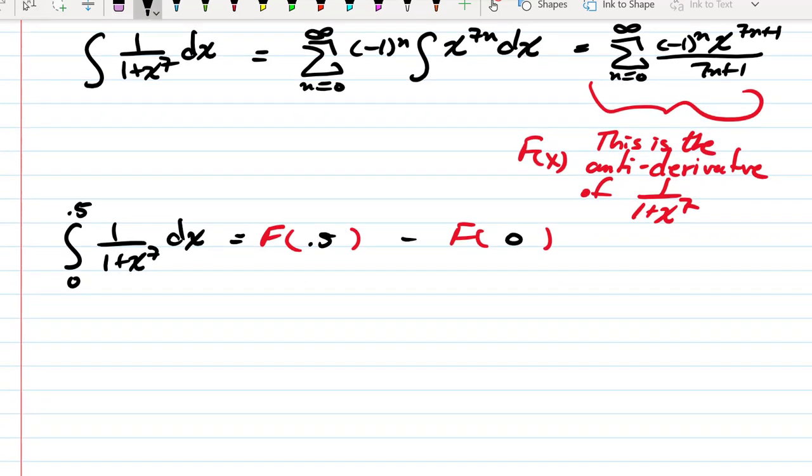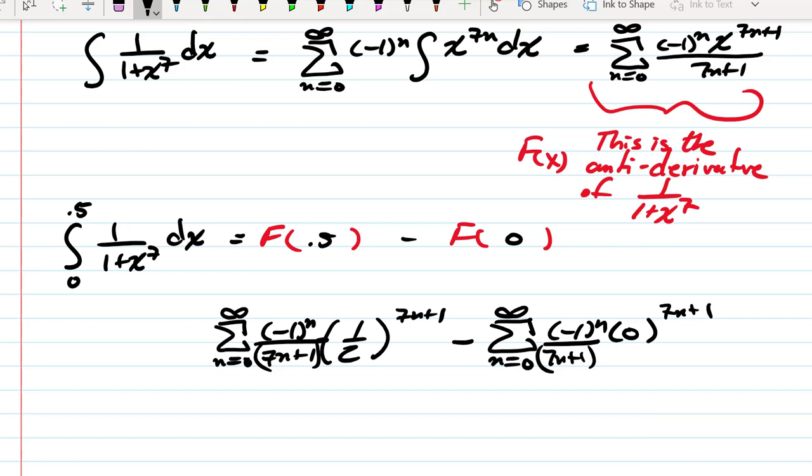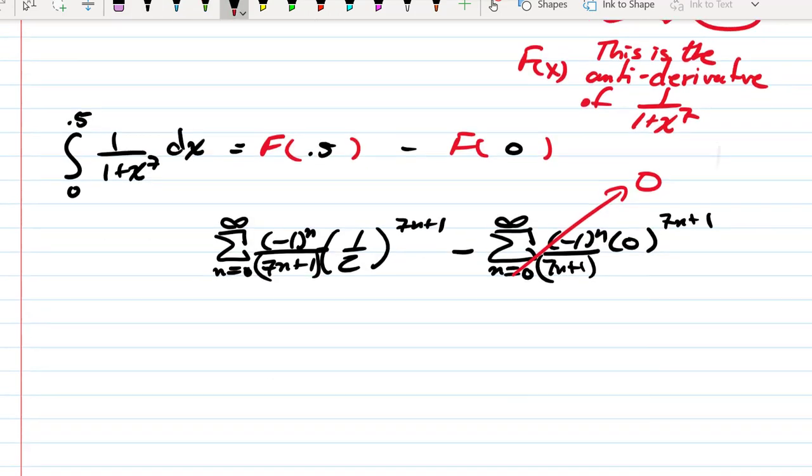So then that would give us the sum as n goes from 0 to infinity of negative 1 to the n, 1/2 to the 7n plus 1 all over 7n plus 1, minus the sum as n goes from 0 to infinity of negative 1 to the n over 7n plus 1, 0 to the 7n plus 1, but 0 times anything is going to make that sum equal to 0.